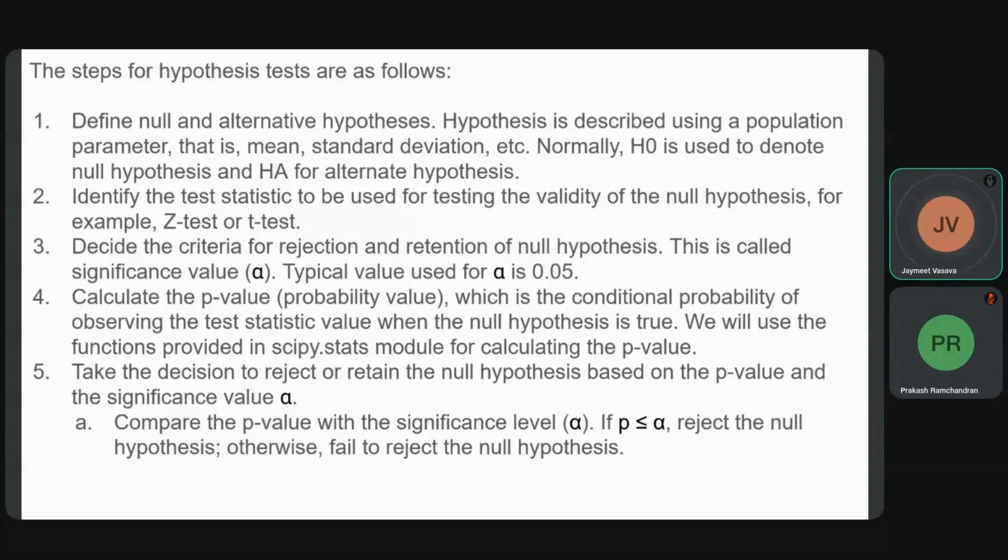Next, calculating the probability value, which is the conditional probability of observing the test statistic value when the null hypothesis is true. We will use the functions provided in the scipy.stats module for calculating the probability value.